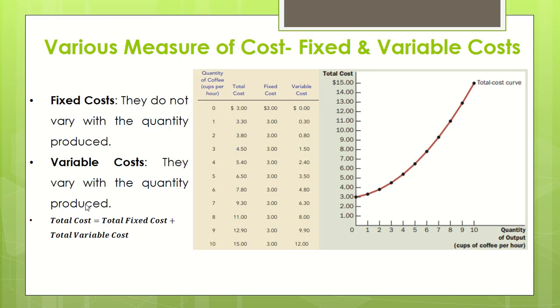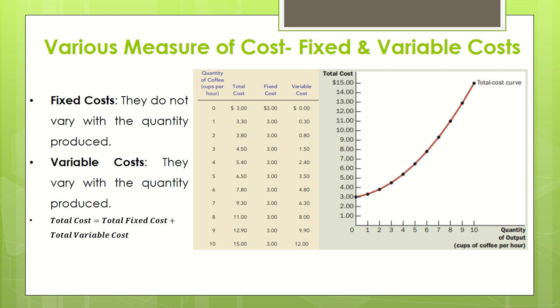In this lecture, we are going to discuss the various measures of cost. Cost of production may be divided into two parts, that is, fixed cost and variable cost. First one is fixed cost, and fixed cost is that cost which is fixed in short run, meaning it cannot be changed in short run.